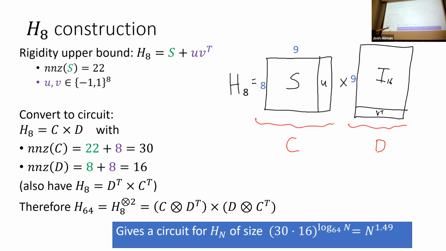So when you take the Kronecker power of it, the entries are 2 to the power of something. So if we took Kronecker products of things with just 1s and -1s, we wouldn't get that. But because S has 2s in it, we get growing coefficients. Yeah, the biggest one is 2 to the power of log base 64 of n.